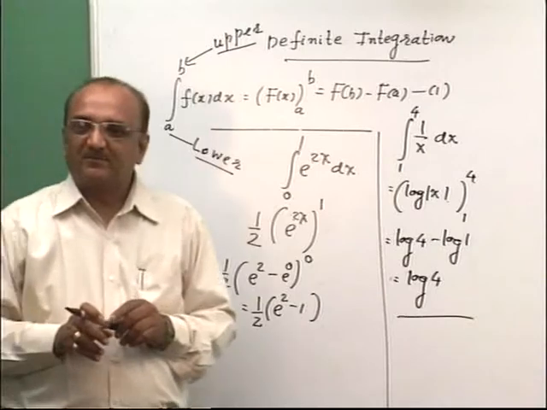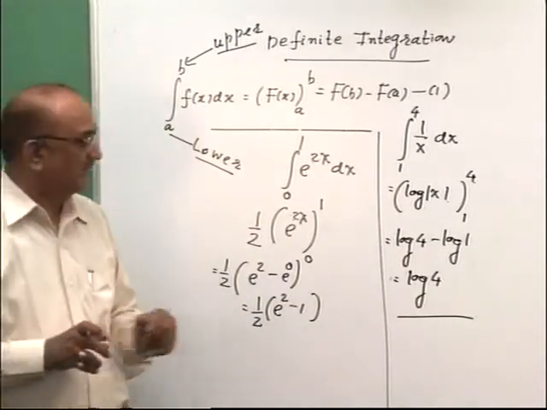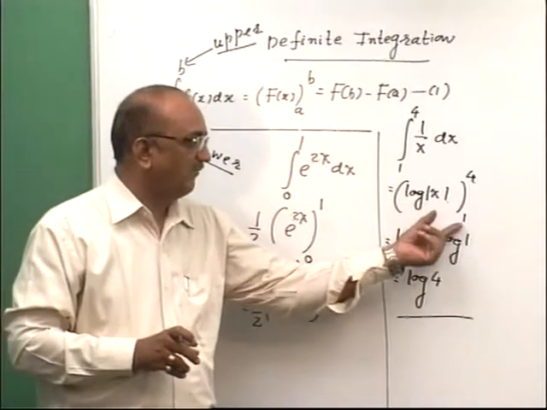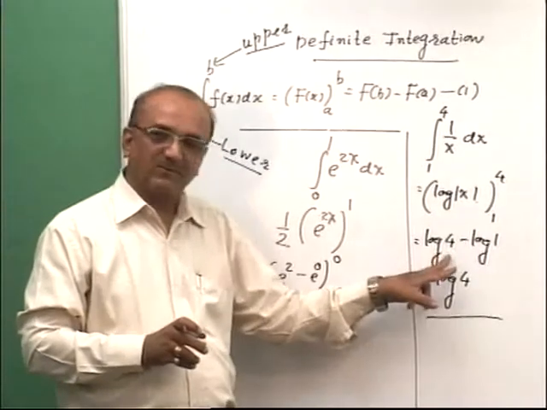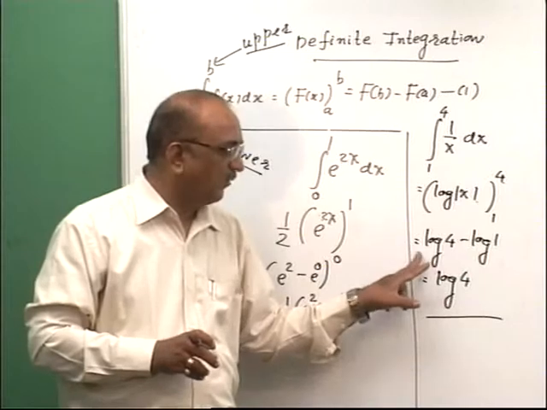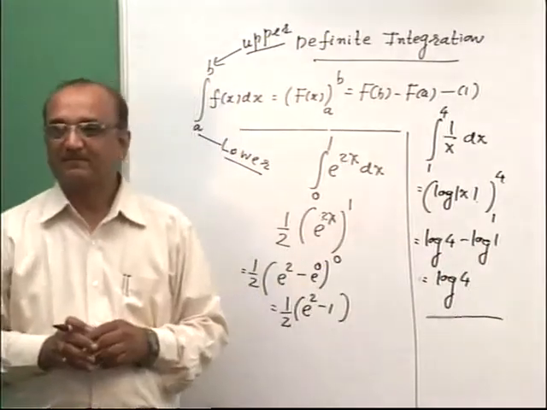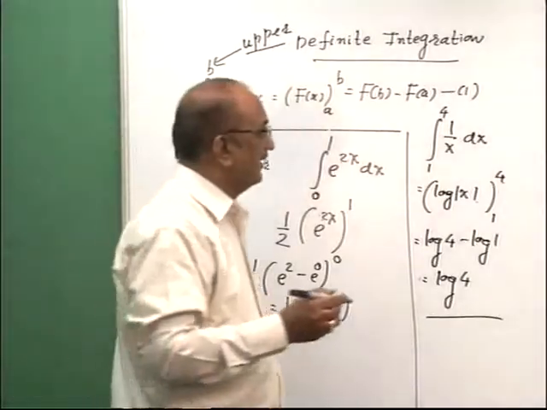Second step: integration of 1 upon x dx is equal to log mod x running from 1 to 4. Put x equal to 4, log 4. Put x equal to 1, log 1. Log 1 is 0. Log 4 minus 0, that is log 4. The next term.